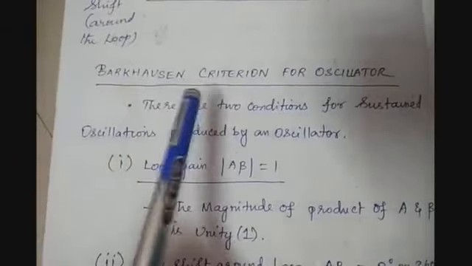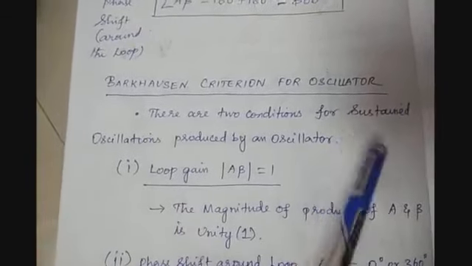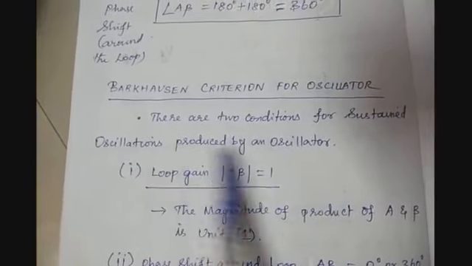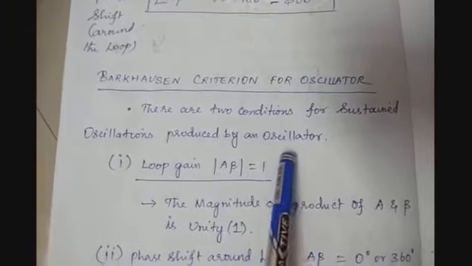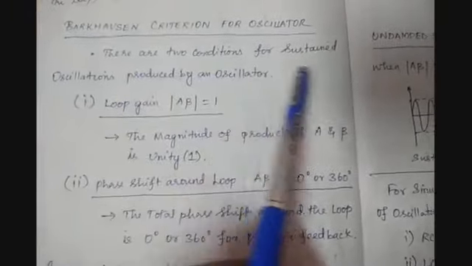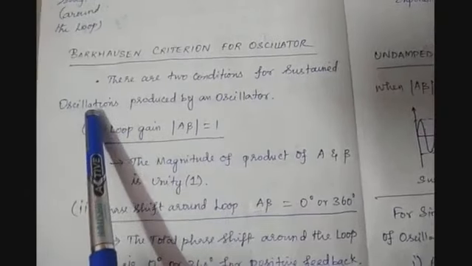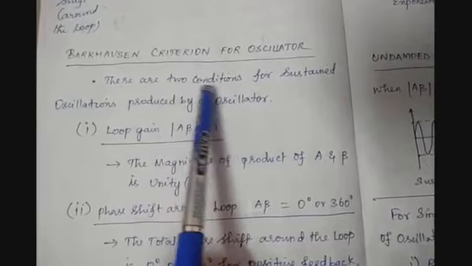So we'll see the Barkhausen criterion for oscillator. So this criteria is very, very important. There are two conditions for sinusoidal oscillations produced by an oscillator. So first condition is sustained oscillations. So in order to get the sustained oscillations, there are two conditions.